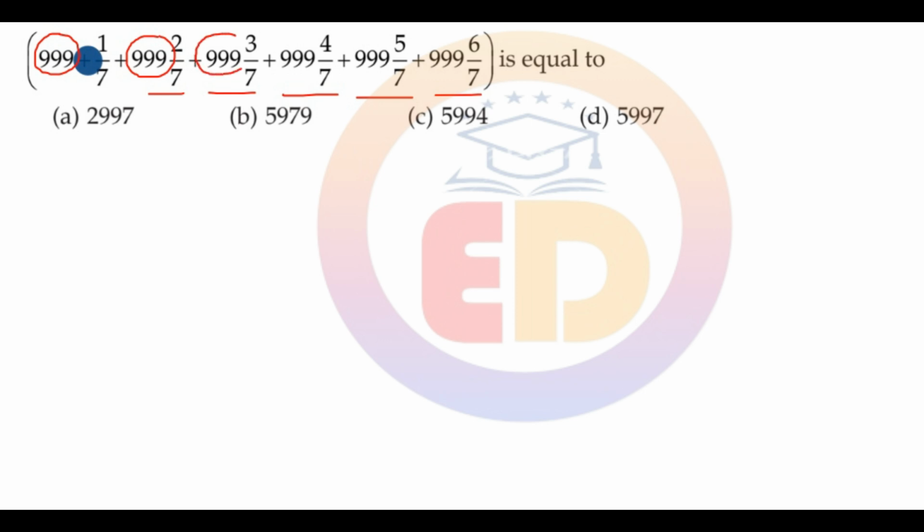So what I will do first is I will separate this whole value 999 from all the fractions. There are 6 fractions. So what we will do is we will add this 999 6 times. Now understand that adding 999 6 times is actually multiplying 999 by 6. It will give you the same value.